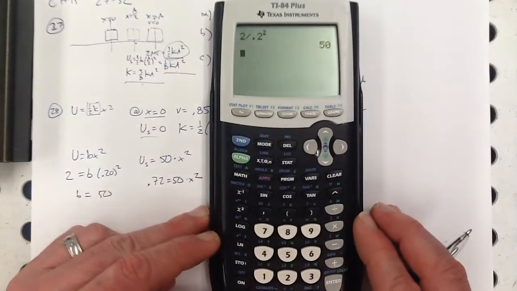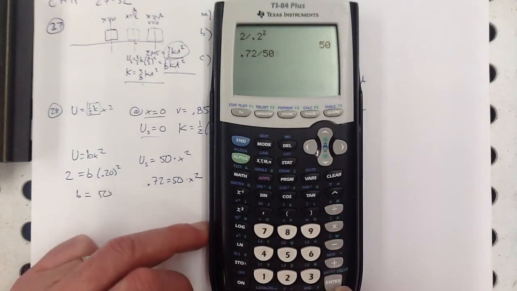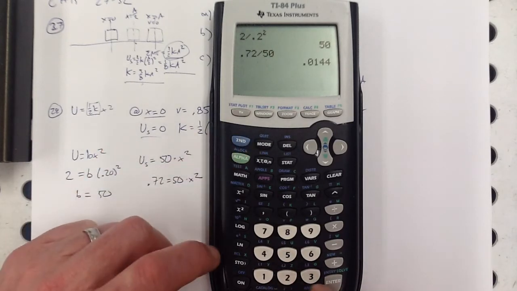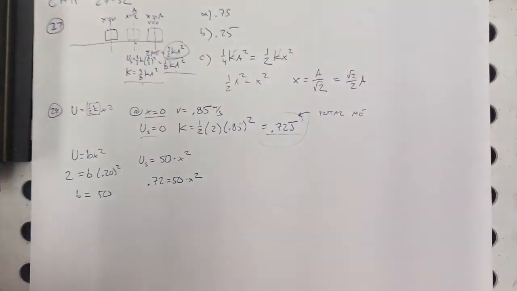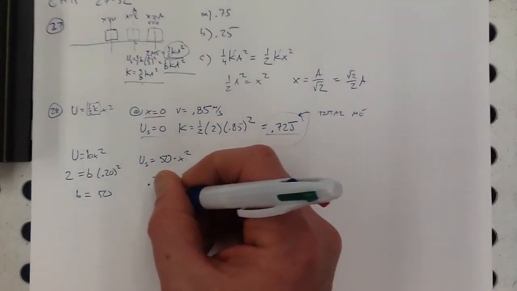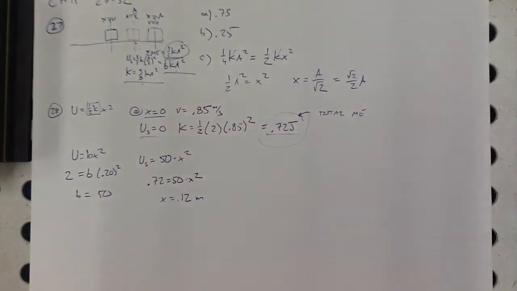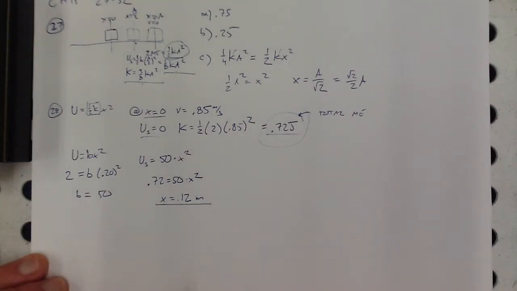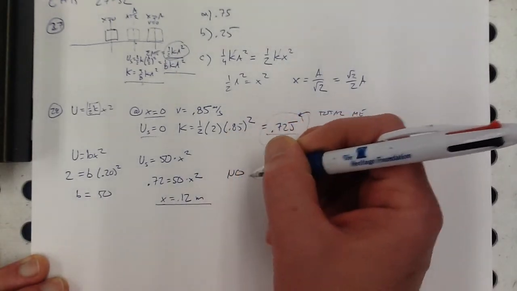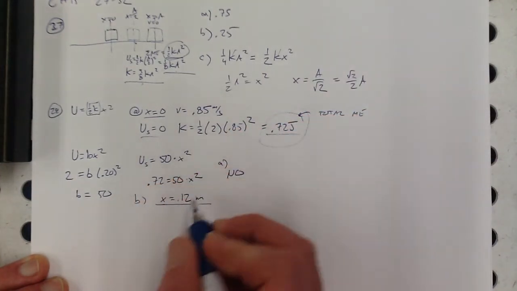So that is 0.12. So can it make it to 15 centimeters? No, it's only going to make it to 0.12 or 12 centimeters. So no is the answer to part A, and then part B, that's where it makes it to.